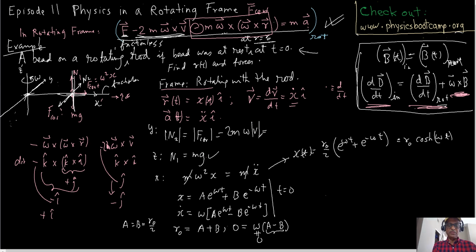We're looking at magnitude only, so x dot is going to be omega r0 sinh omega t. There's a minus sign there when you take a derivative.